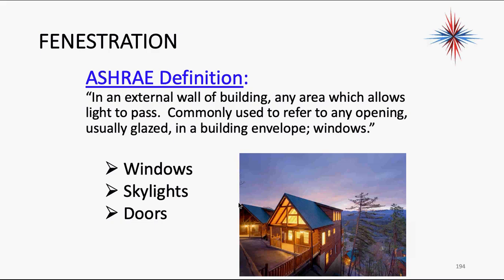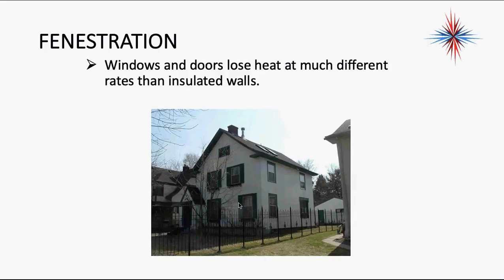Commonly used to refer to any opening, usually glazed, in a building envelope. Windows, skylights, and doors, especially if they have glass in them. Windows and doors lose heat at a much different rate than insulated walls. Windows and doors can be your biggest rate of heat loss.